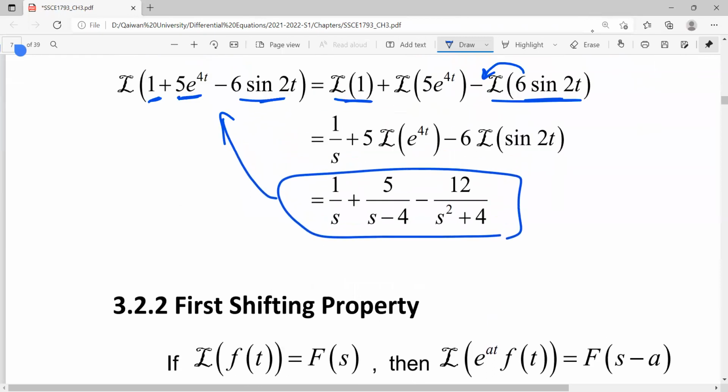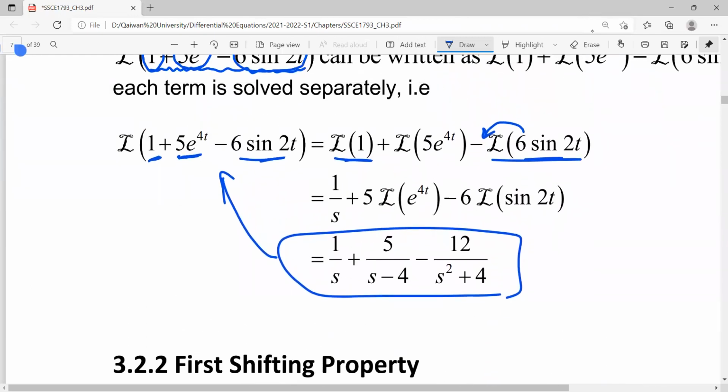So it's L of 1, the Laplace transform of 1. Do we have a rule for that? Yes, it's a constant. It's the same as the Laplace transform of a. It's 1 over s. Sorry, it's a over s, I think.